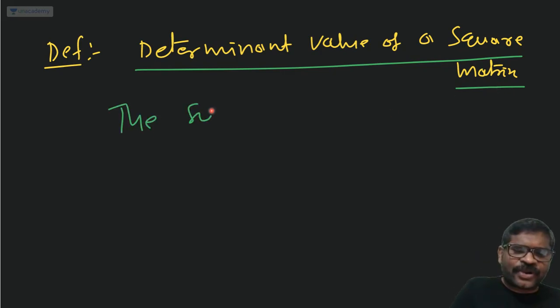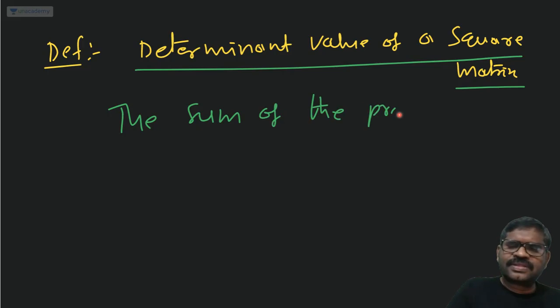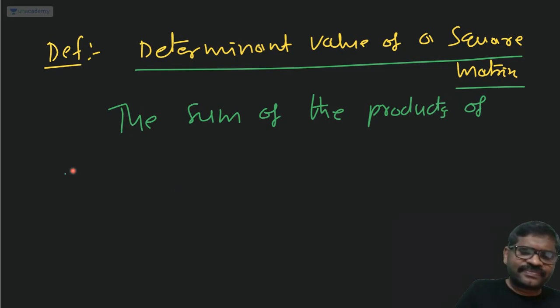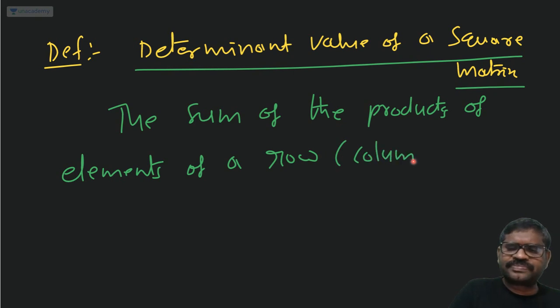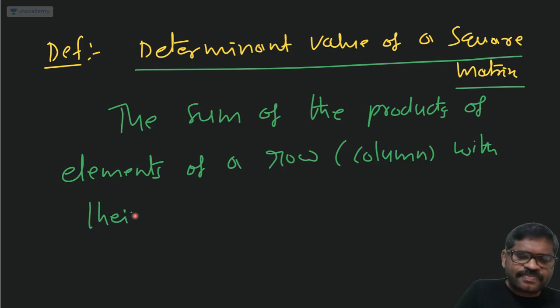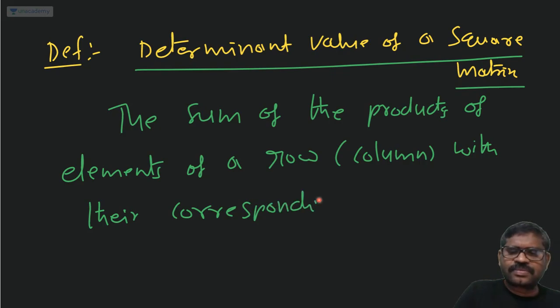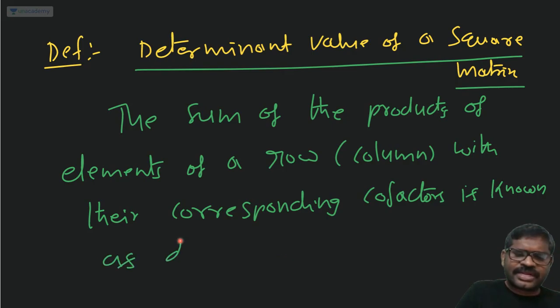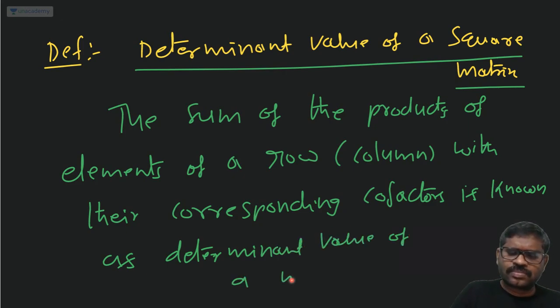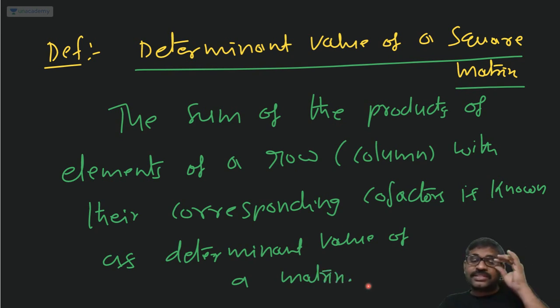The sum of the products of elements of a row or column with their corresponding cofactors is known as determinant value of a matrix.